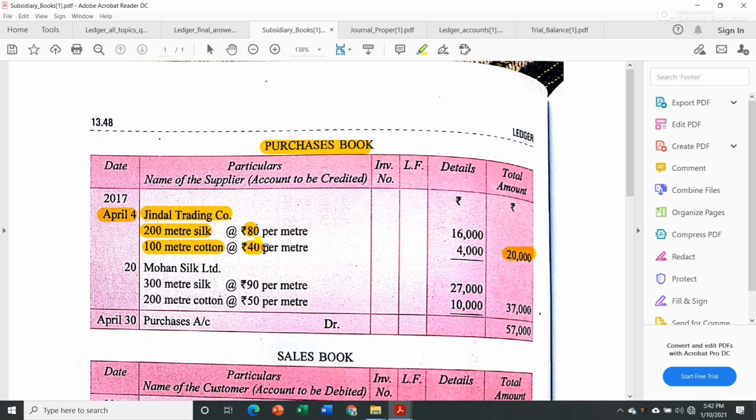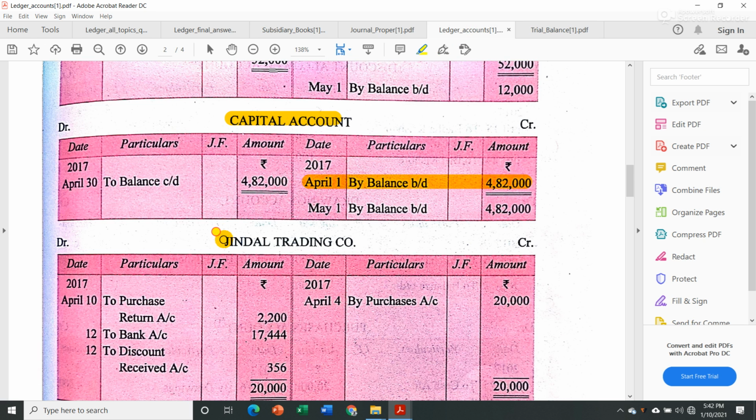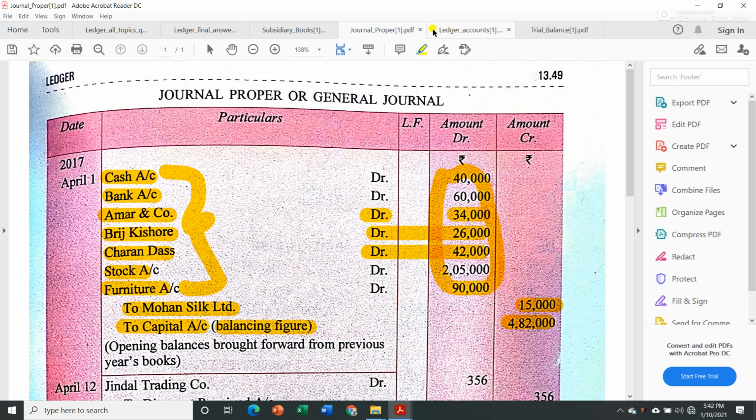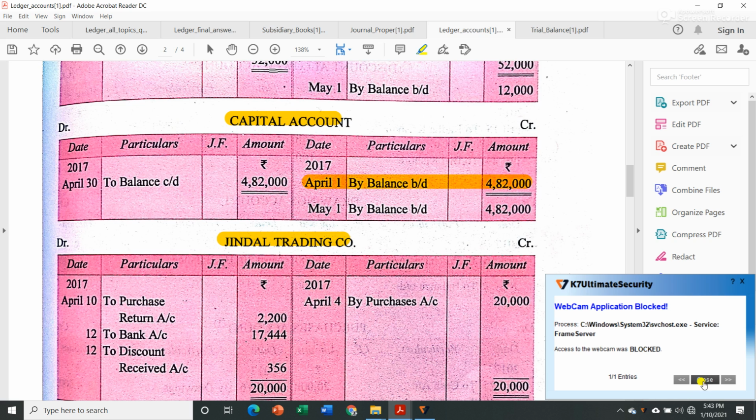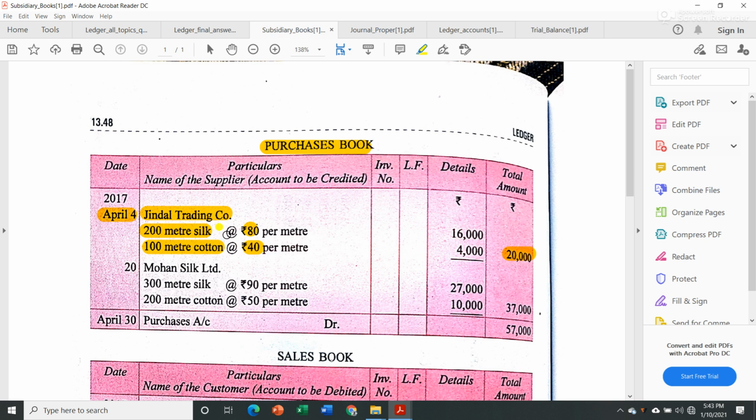Now after passing this entry, it's time to create ledger accounts. The next ledger account we will prepare is Jindal Trading Company, because earlier we hadn't made Jindal Trading Company in the ledger. In our previous session we have seen how we are supposed to post to the ledger from the purchase book.